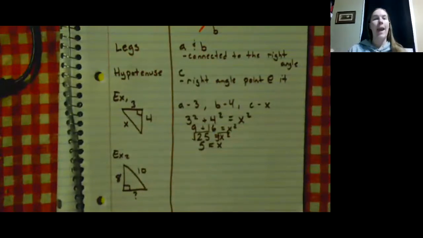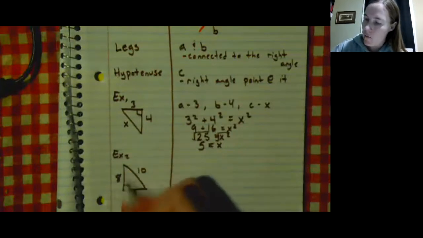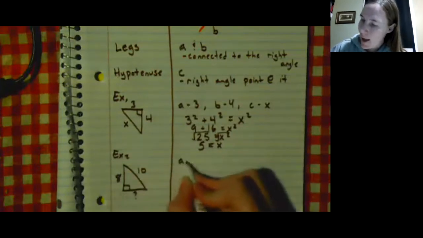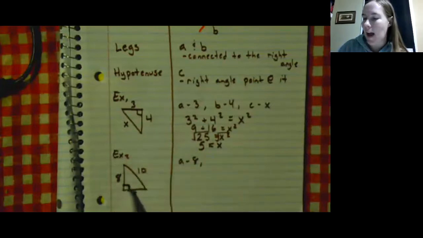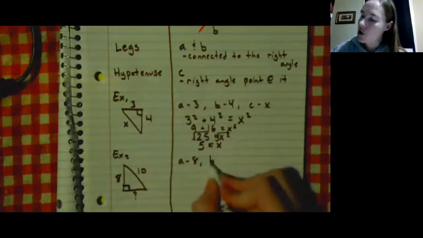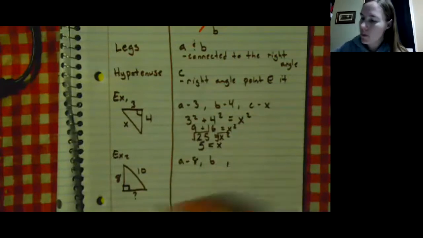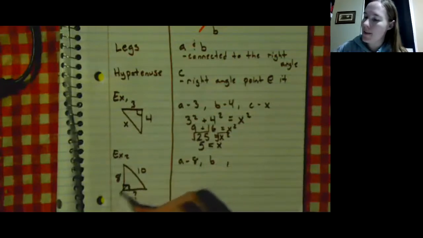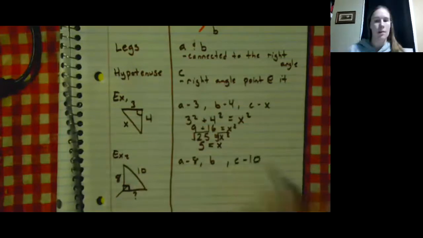Again, I find my A, B, and C. So my A, I'm going to look for one of the sides. Okay, A can be 8. B, I want to look for the other side that's attached by this right angle, and that's my question mark. So I don't actually know my B value. So I'm just going to leave it as b, which means I'm going to see what my hypotenuse points at, and that's my c, which is 10.